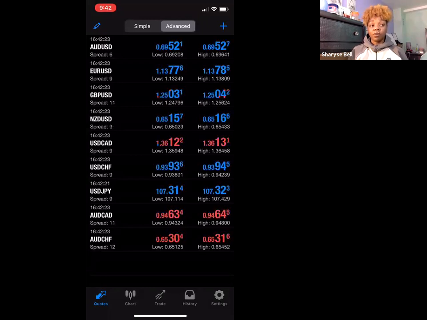Now, when you do that, you will have the same options that we just had right here, which was the leverage and the amount you want to start with. The difference is when you go online and do it directly from your KOT account, you will now be able to change your account size.